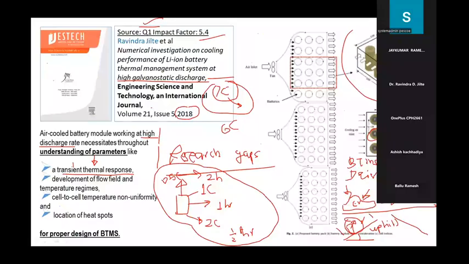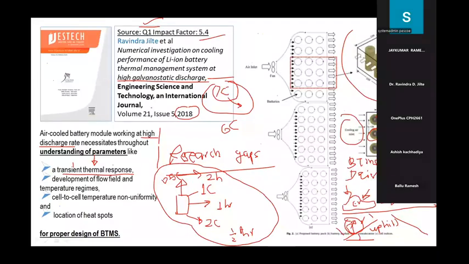If you look here, the cells 1, 4 and 7 are facing the coolant air, whereas the cell located far away from the inlet will have a different air available for heat dissipation. So there will be a difference in heat generation and heat dissipation for each of these cells.